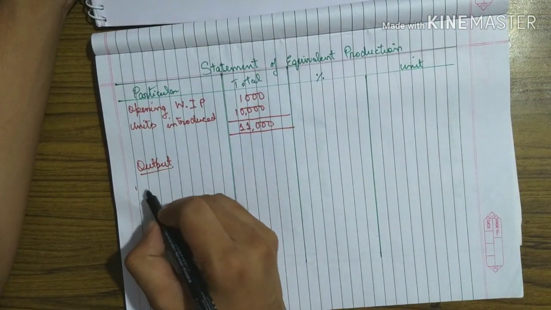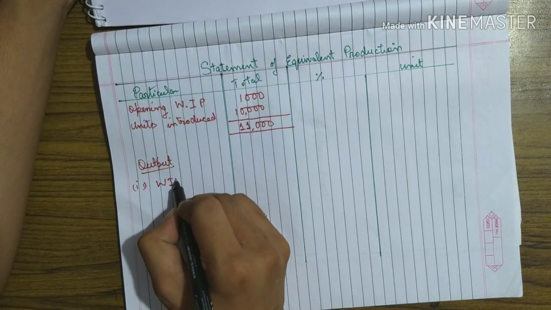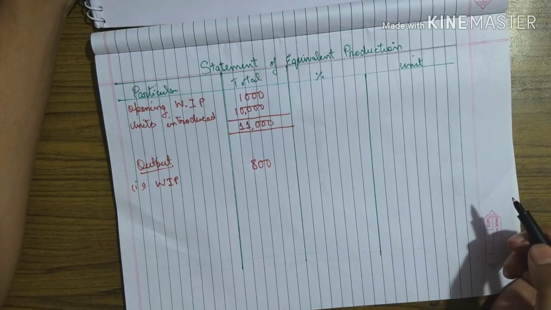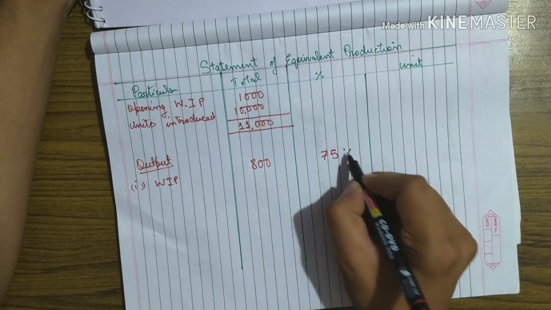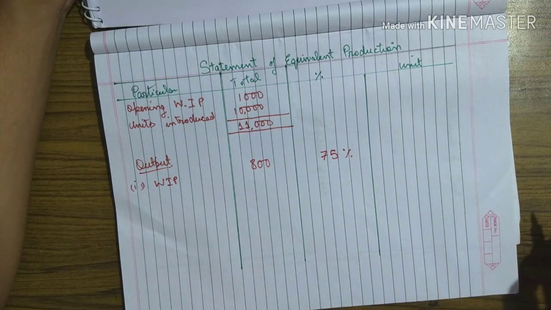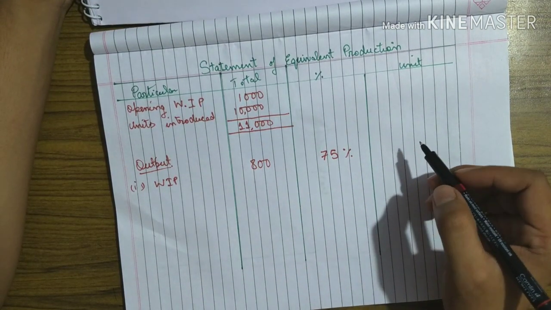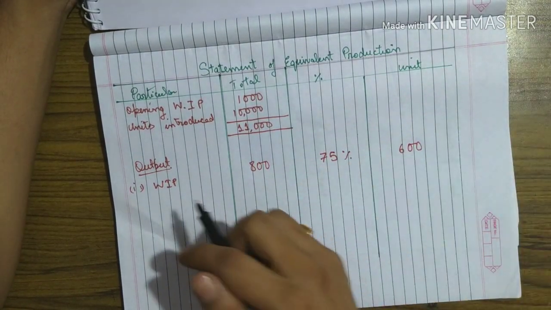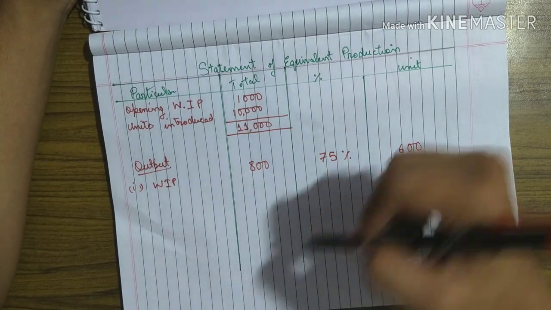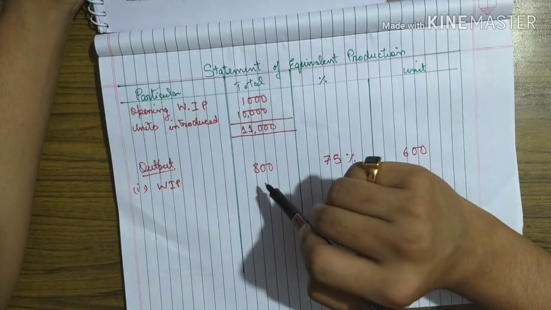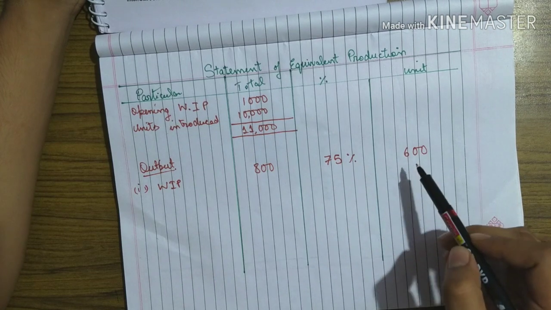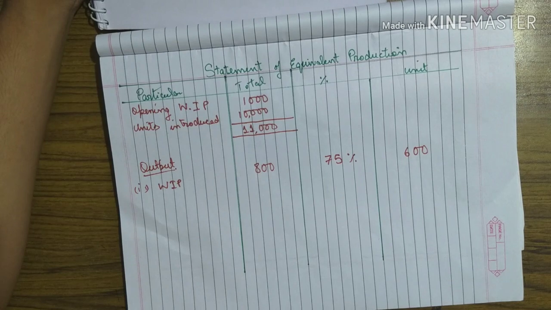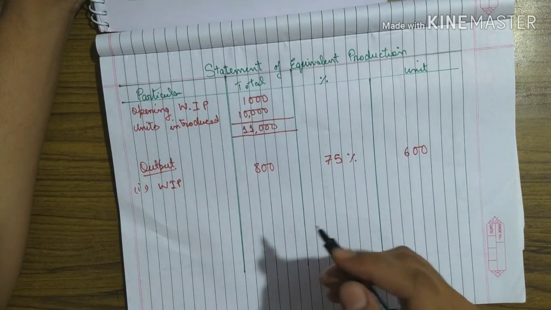So first point, we can write WIP, which is 800, which is 75% complete, and so 75% of 800 is 600. This is the output, which means in this process 800 units, 75% were completed, which means the work done here is 600 units.